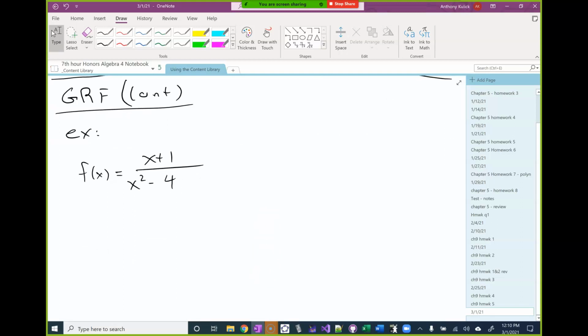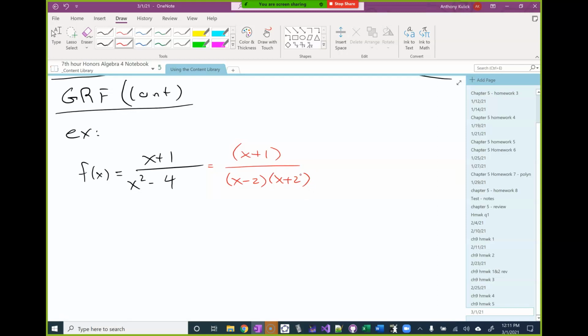All right, so the first thing I'm going to do is check to see if I can reduce this. It's really the first thing I want to do. The numerator obviously doesn't factor, and the denominator is clearly a difference of 2 squares. So no reducing that I can do there.